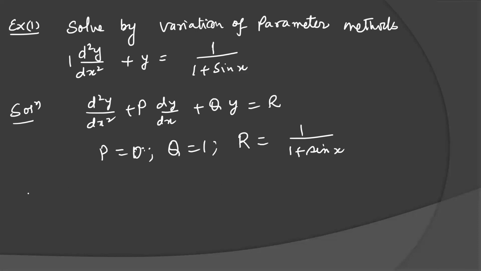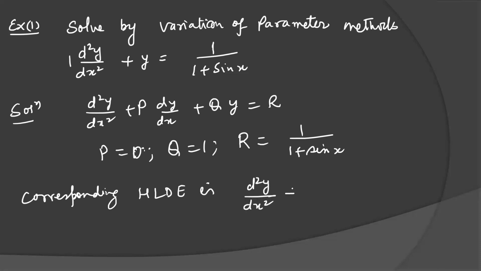Now, the corresponding homogeneous linear differential equation is d2y by dx2 plus y equal to 0, because we have to make r equal to 0. This is the corresponding homogeneous differential equation. And an important point is this is a constant coefficient equation. For the constant coefficient, we can directly write the auxiliary equation.